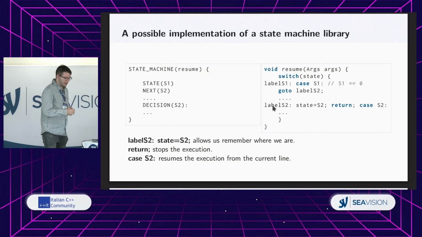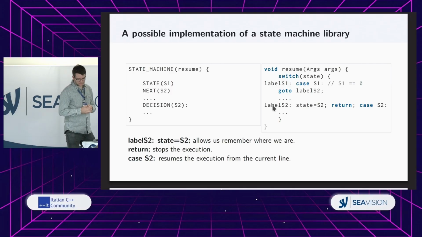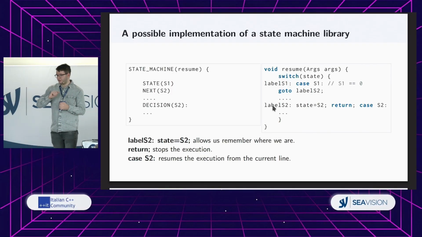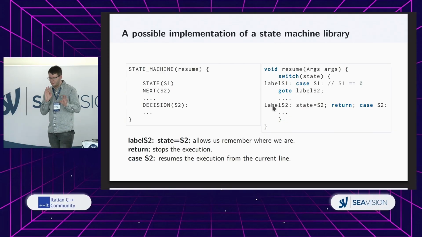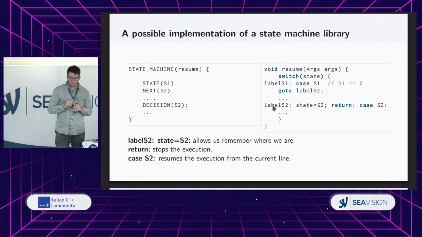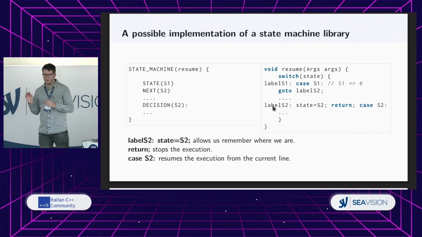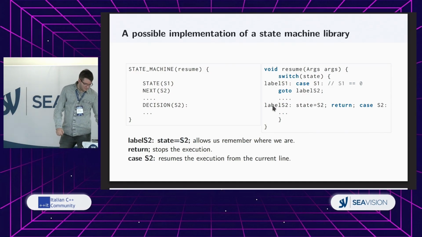How can you implement a state machine? You can do it with switches, but if you do it with switches, depending on the scenario, you might lose performance. You want to mix switches and labels and to use gotos on the fly. We have a macro called state machine. It is a possible implementation. It's not the only possible implementation.